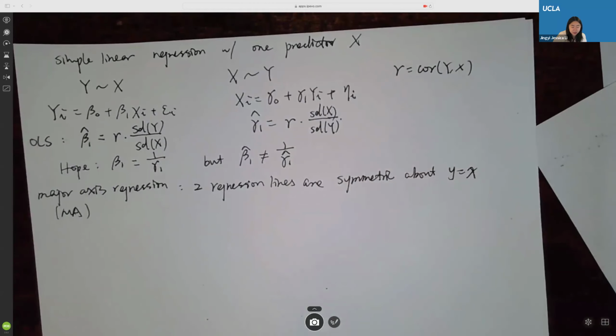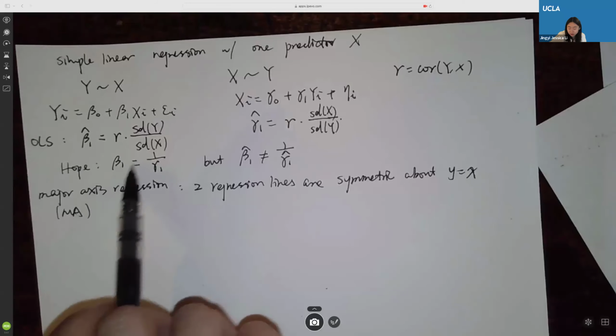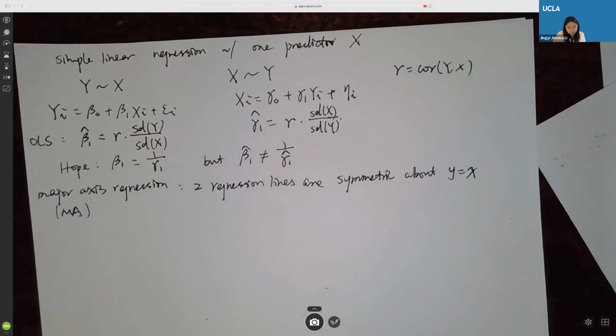So that is what you can get from the major axis regression. So basically, you can satisfy this beta 1, gamma 1 reciprocal relationship if you want to do that instead of using ordinary least squares. But the major axis regression has a very different objective function or loss function for finding the coefficients, beta 1 and gamma 1.